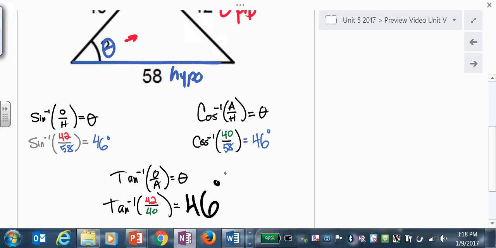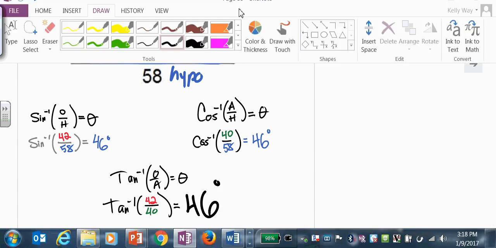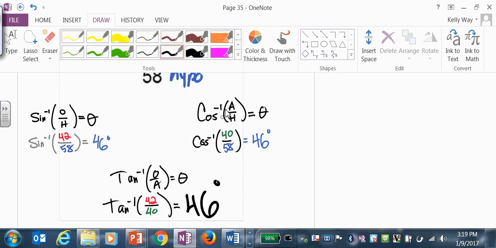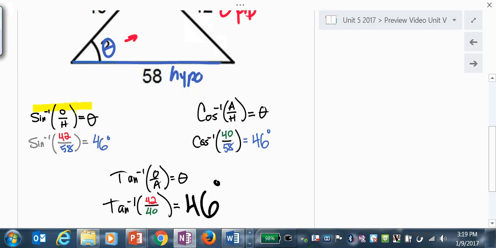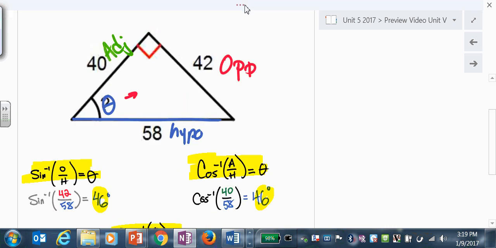You're like, that's so much work. Well, once you realize you have a choice, you can choose the one you want. Now that you've seen it 3 times, you can see that you're going to get the exact same thing. Now, if you have to do all that for the other angle, well, no, because you're brilliant, students.